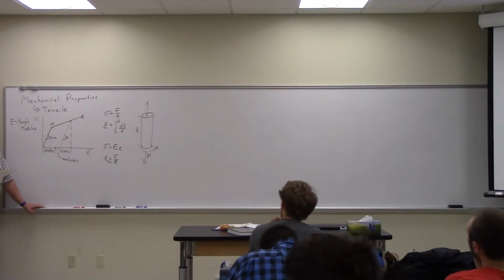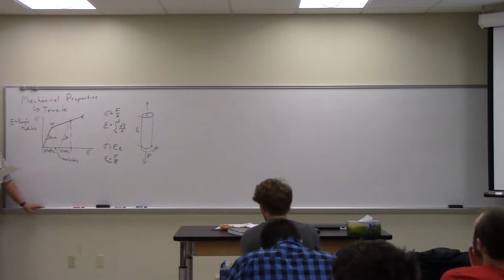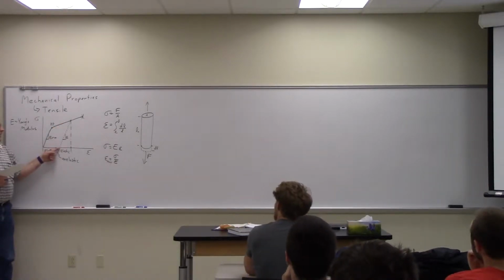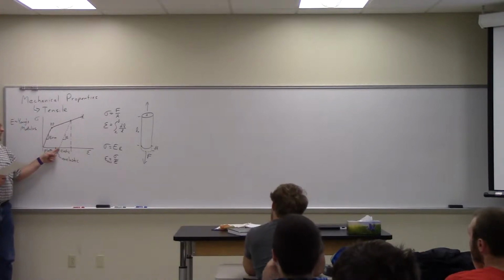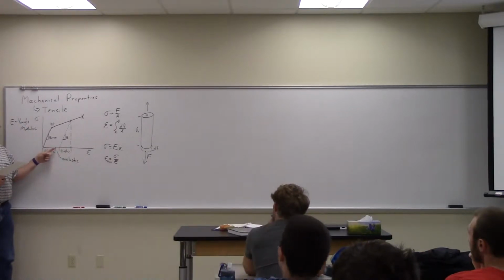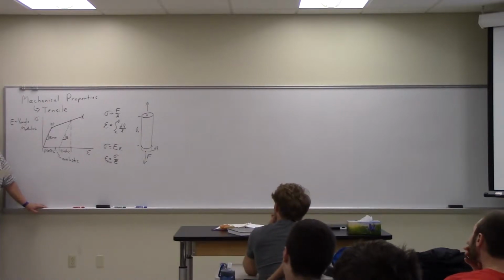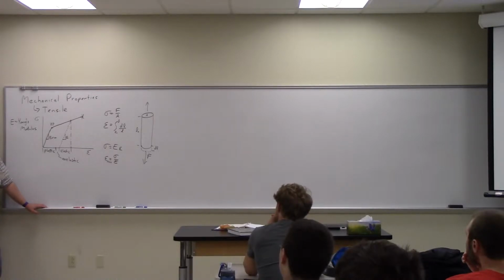Can you explain the anelastic part? Does it come all the way down and then go back even farther? So it comes back all the way down to here, and then as it sits, it recovers some portion. It just shrinks while it's sitting there. If you've ever done this with silly putty, it'll happen with silly putty, but silly putty's a little wonky.